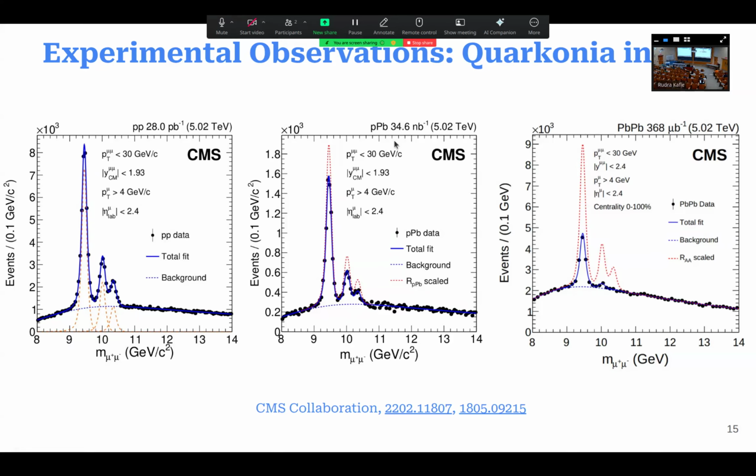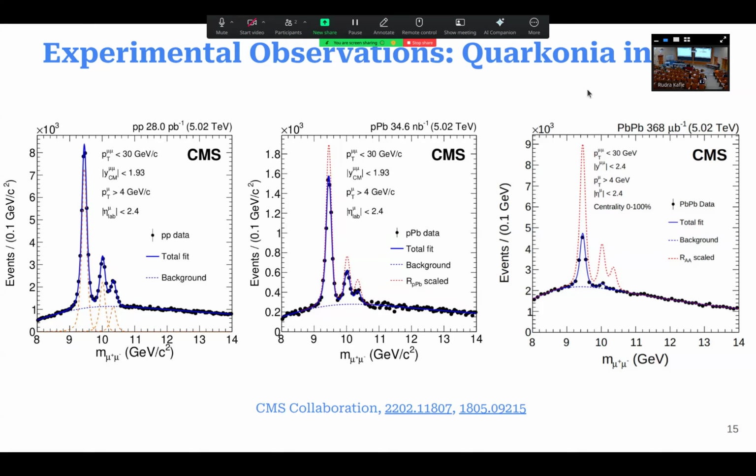But if you compare their yield in proton-lead and lead-lead collisions, the red one is proton-proton and the green is their yield in the other collision system. Their yield is suppressed in proton-lead and lead-lead collisions compared to proton-proton collisions. So the quarkonia yield is modified in heavy ion collisions compared to small collision systems. And that is the signature of quark-gluon plasma formation.